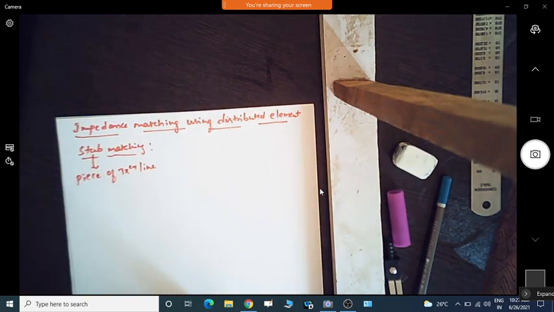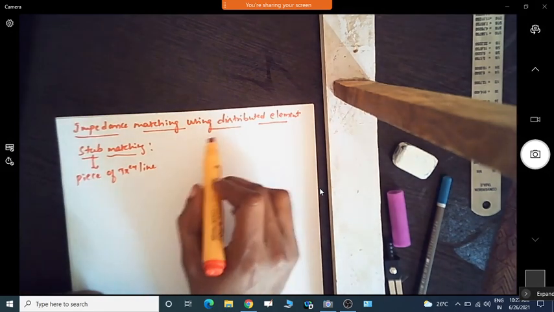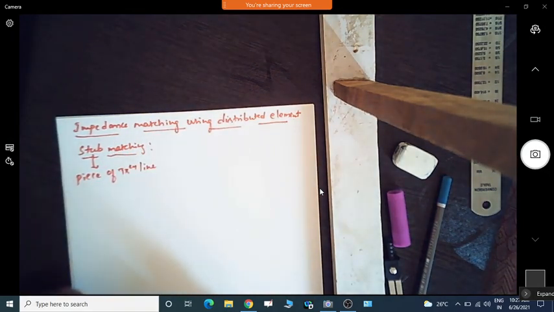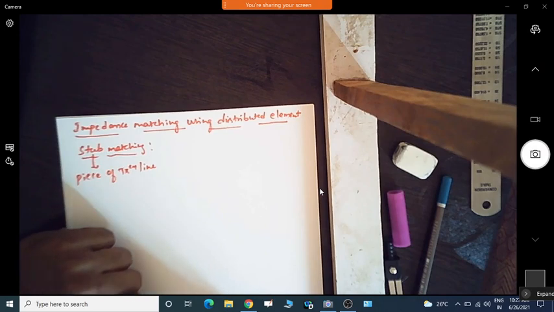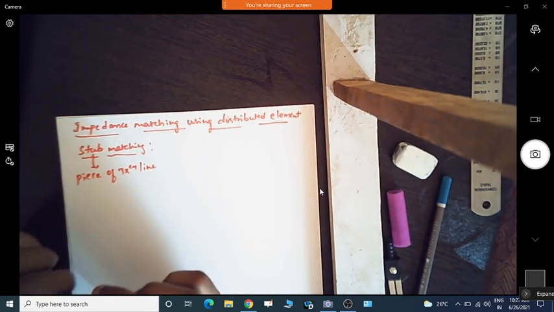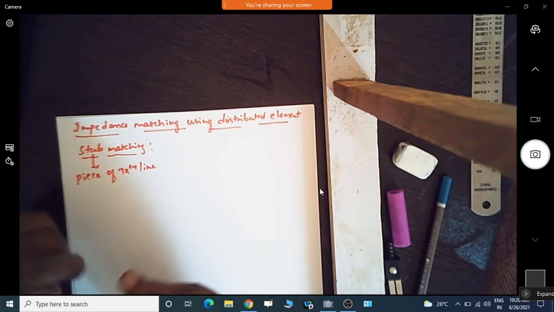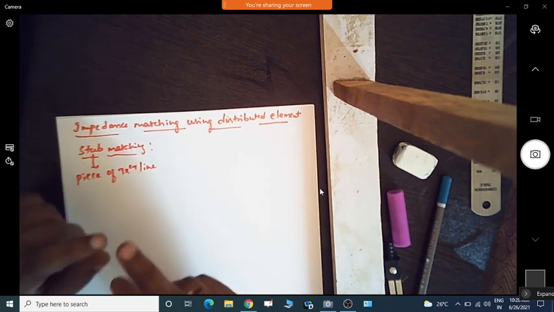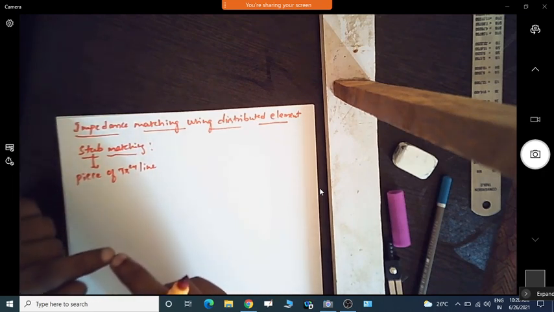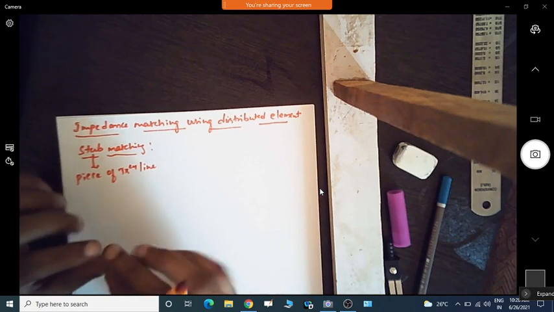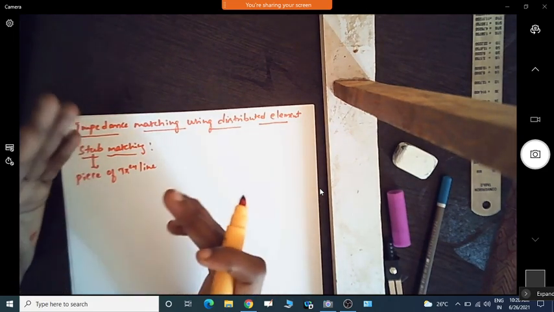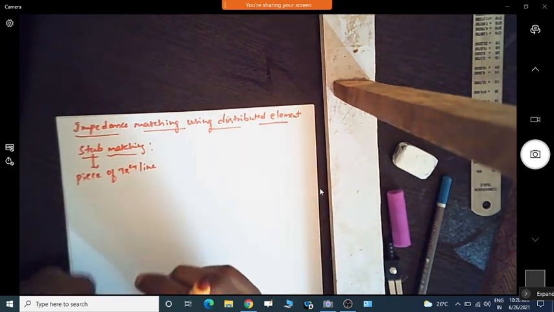Why do we need to go for stub matching or distributed elements? Whenever we have lumped elements and go for higher frequencies, like 20 gigahertz, 50 gigahertz, 100 gigahertz, the lumped element size will be comparable to the wavelength we are operating at.